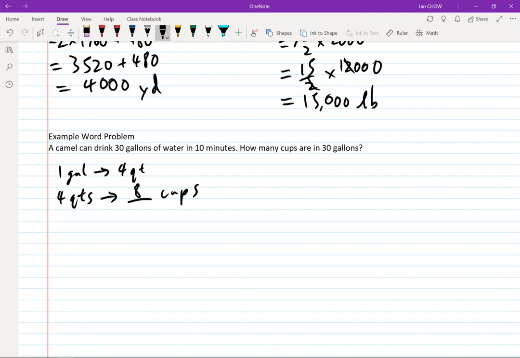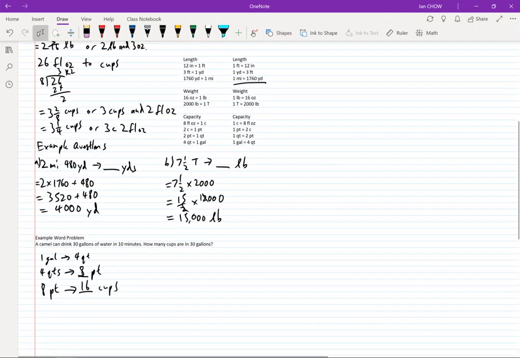So, 4 quarts, we have to convert to pints first, and then we have cups. So that's 8 pints. And then 8 pints, if we want to convert those into how many cups, that's going to be 16 cups. Is that correct? Let me just quickly check over here, capacity.